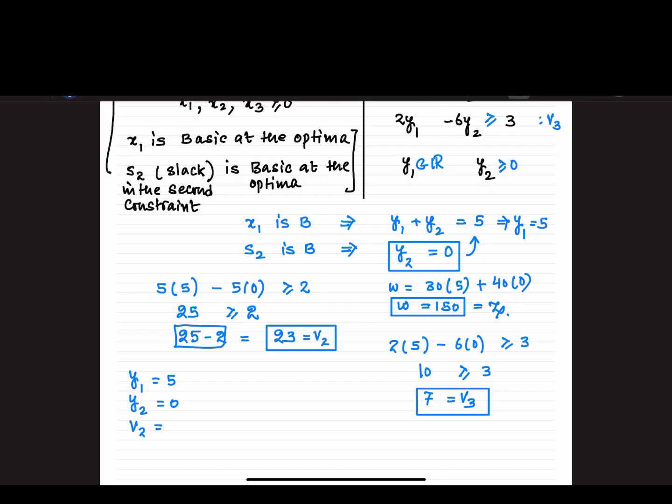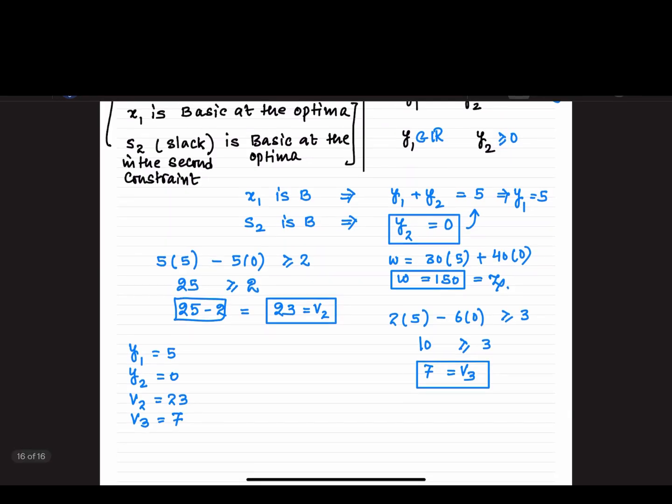V2 came out to be 23. V3 came out to be 7. And the objective value of the dual came out to be 150, which is also equal to the primal's objective at the optima. So this is the complete information of the values of the dual variables.